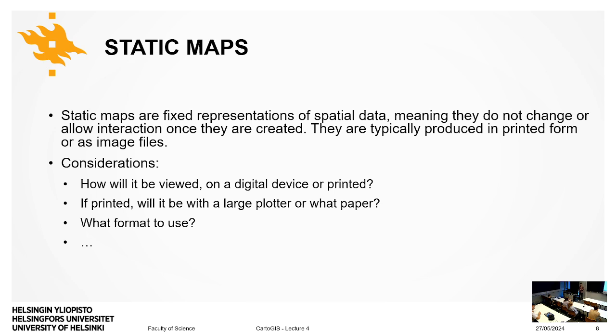Is it going to be on a digital device or printed? We are going to come back to this, but that's a very important consideration. If printed, will it be a large plotter or paper? If you're going to print it, is it going to be in your article, and the article is going to be printed on A4 paper? Or are you going to a conference and you have a poster or a bigger visualization? That is one thing to think about.